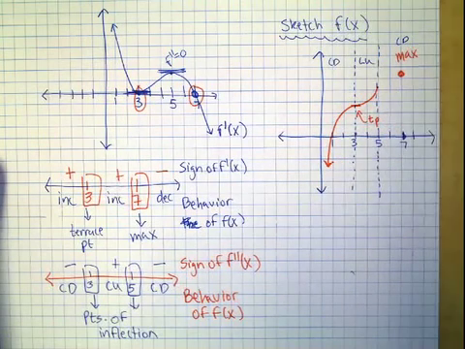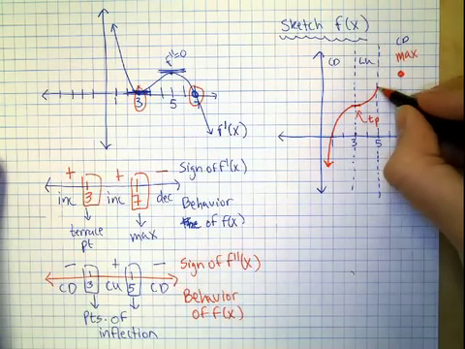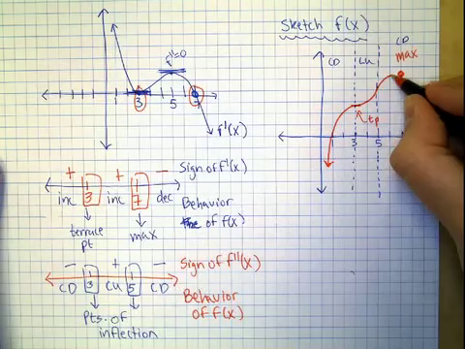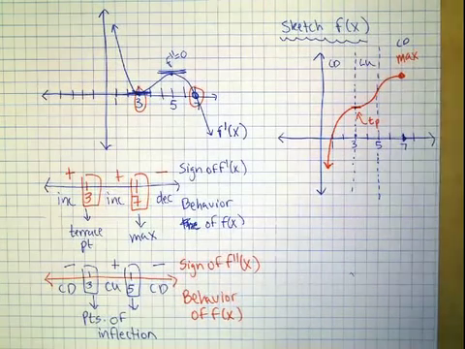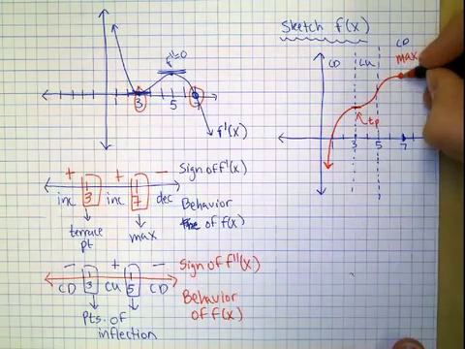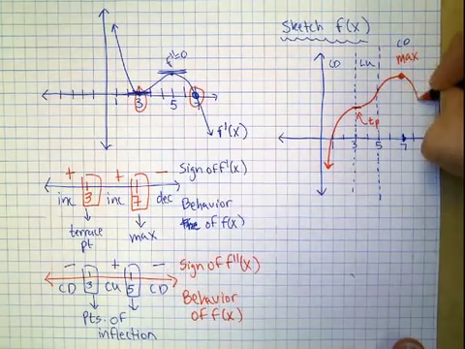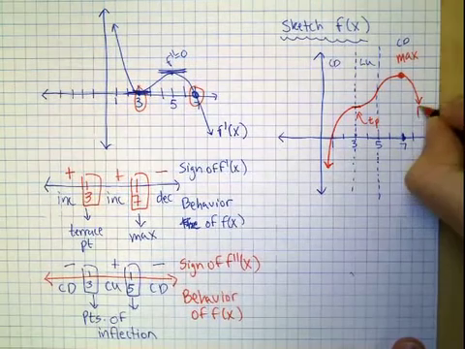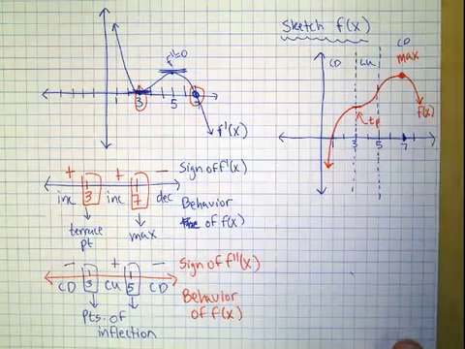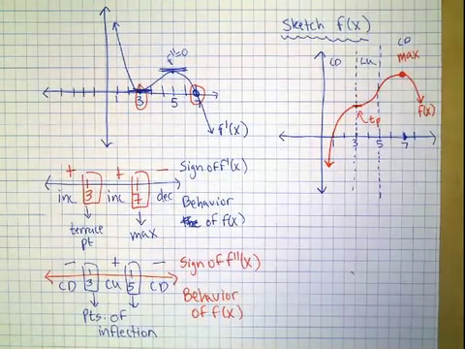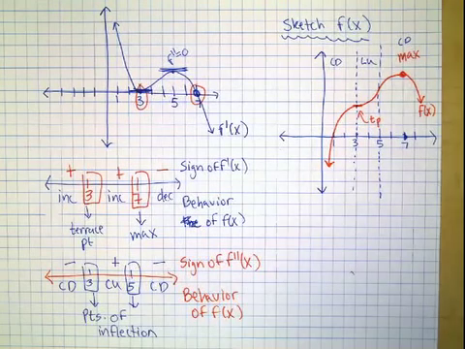Only until you get to the dotted line. Once you get to the dotted line, we switch back to concave down. Then I hit my maximum point, and from my max, I'm going back down to decreasing, but keeping my shape. This is the graph of f of x. I'll draw an arrow on the end there. And that's what you want it to look like.